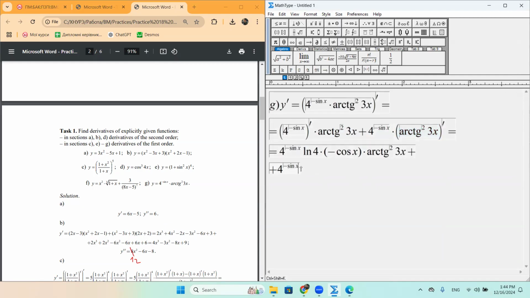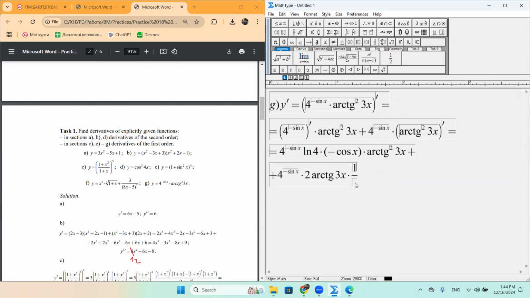So the derivative of the power function, so 2 arctangent of 3x, and then multiplying by the derivative of arctangent.